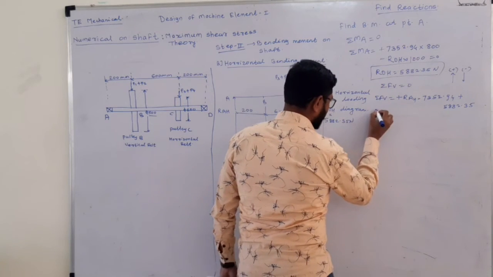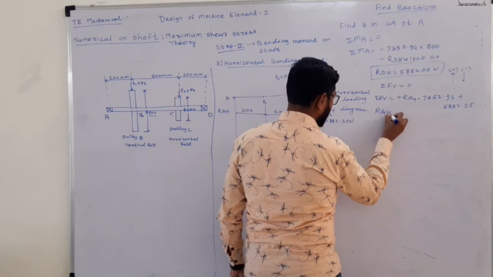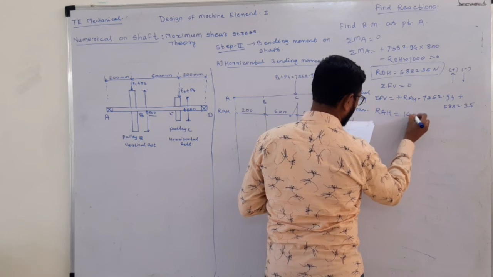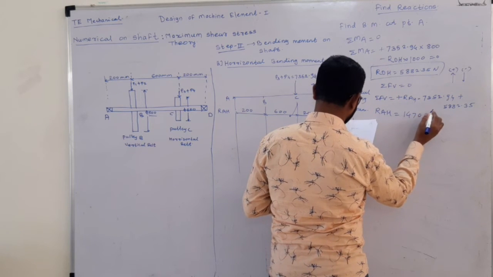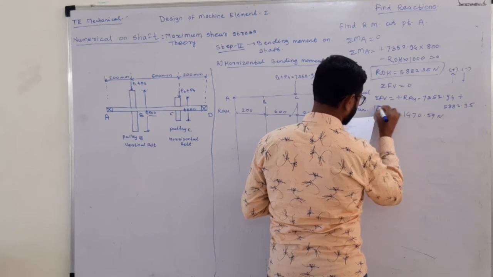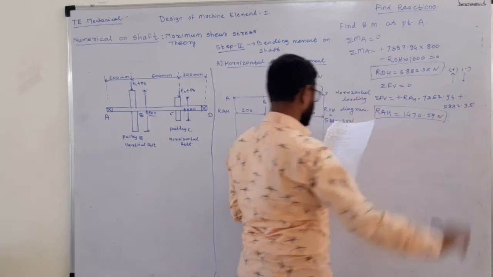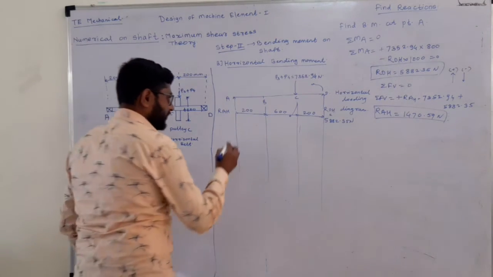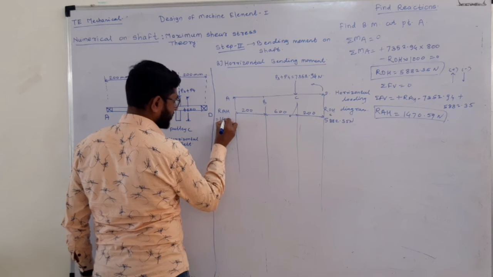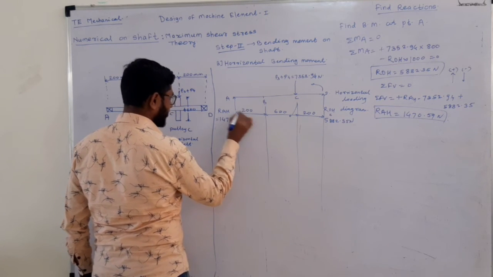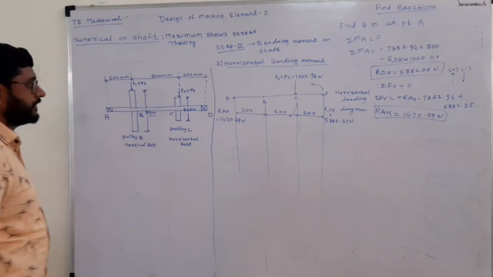So by calculation we will get RAH is equal to 1470.59 Newton.